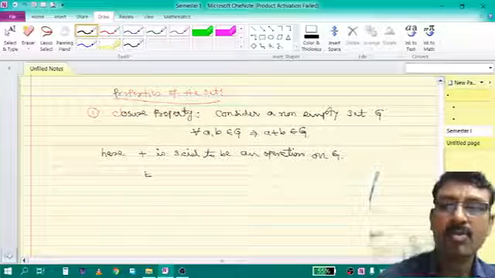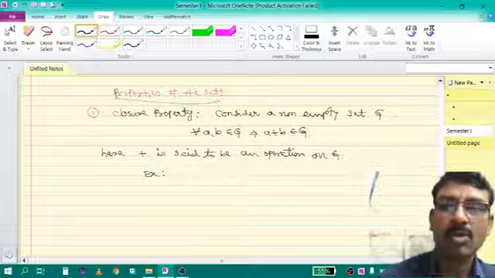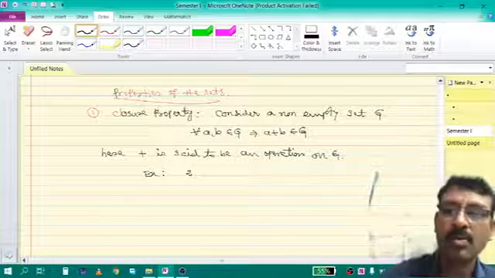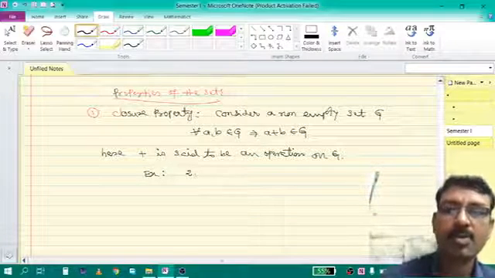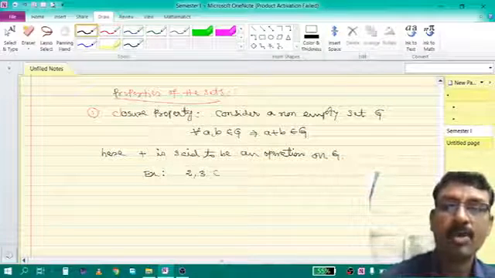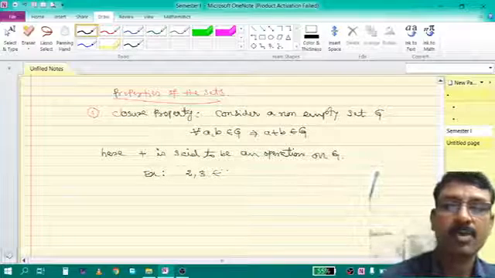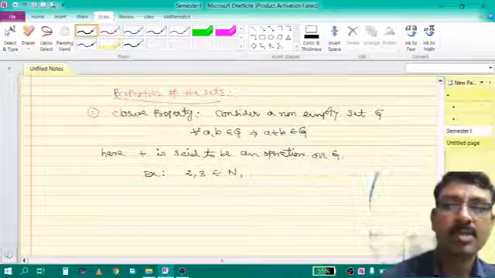So for example, you take any numbers. For example, 2, 3 are taken from the natural number set.